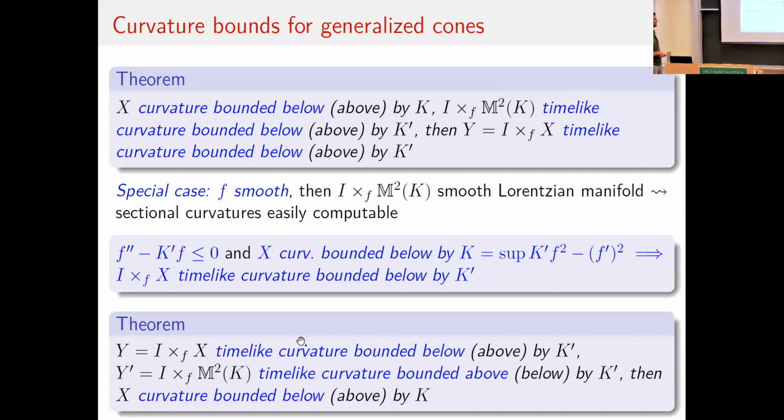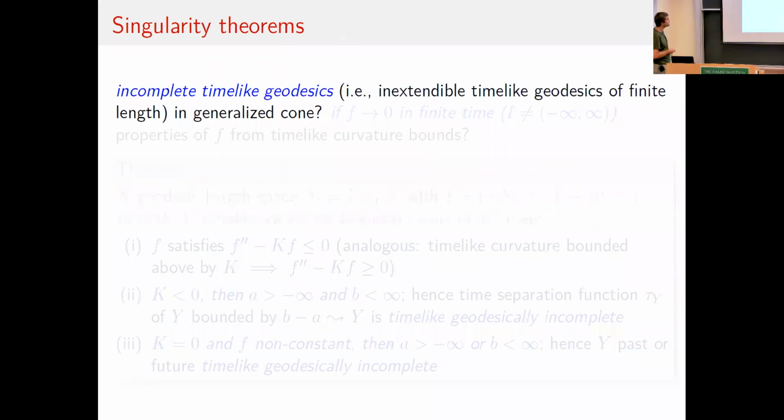You need that Y has timelike curvature bounded below by K prime, and this condition on F uses curvature bounded above by K prime, then you can say something about the curvature of X. Because the issue is again that you only know something about timelike directions, and now you want to say something about the curvature on X. So you need stronger assumptions.